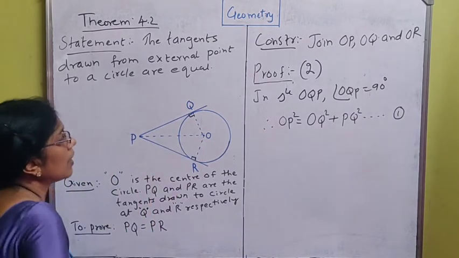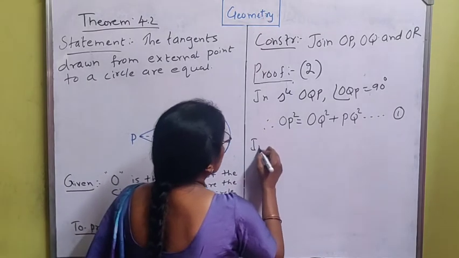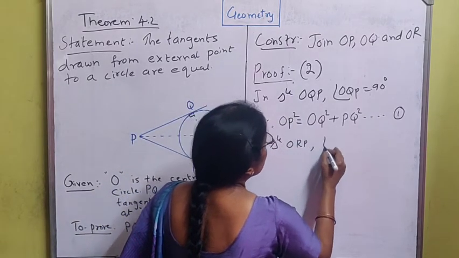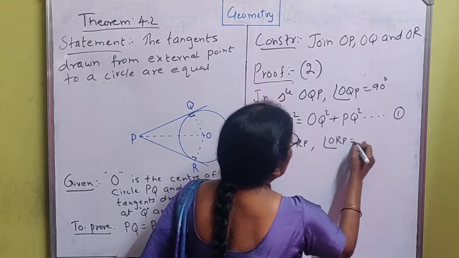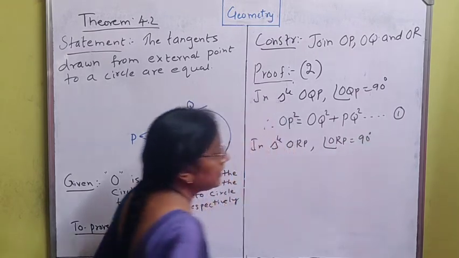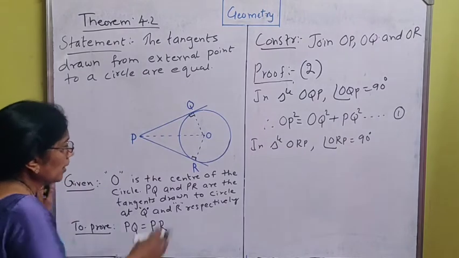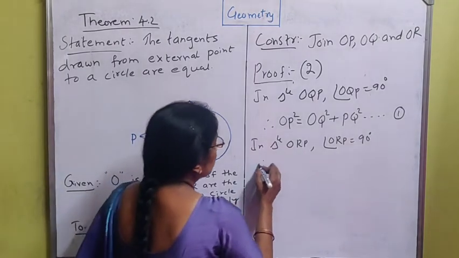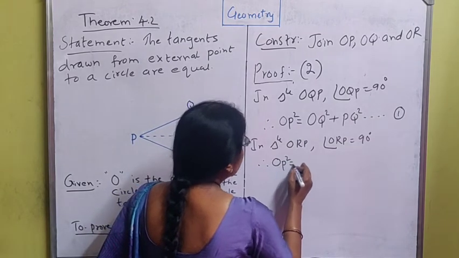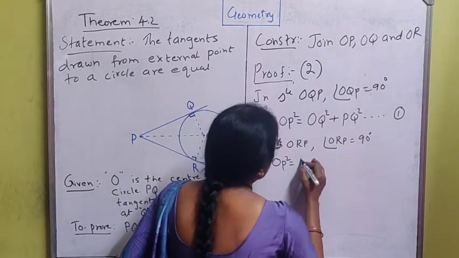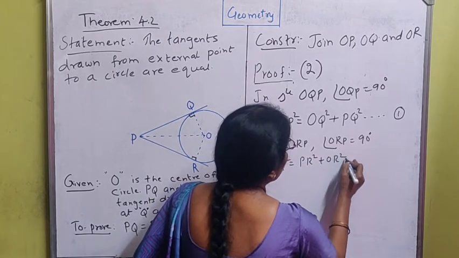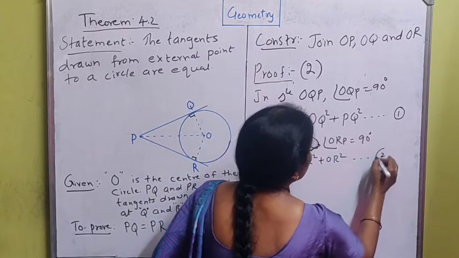In triangle ORP, angle ORP is equal to 90 degrees. Which became the hypotenuse? OP became the hypotenuse. So therefore OP square is equal to PR square plus OR square. This is your equation number 2.